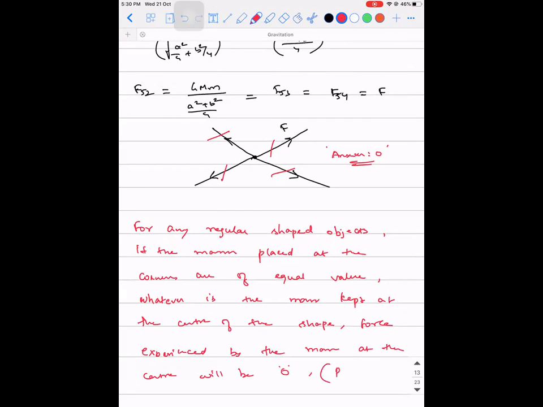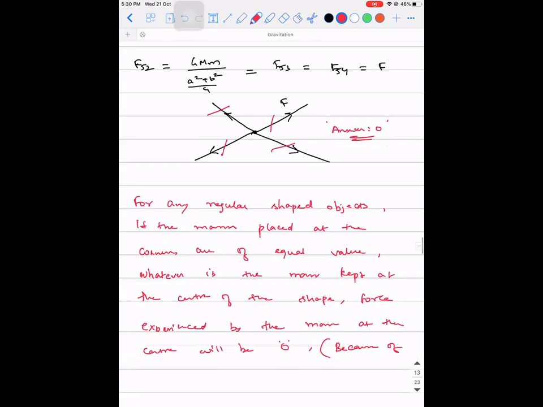It is happening purely because of symmetry.